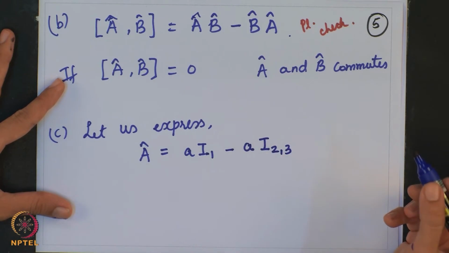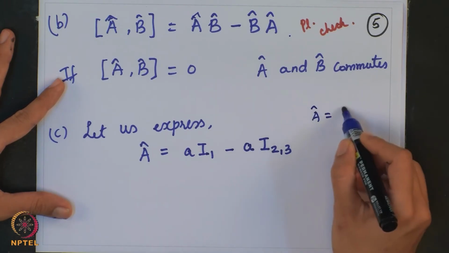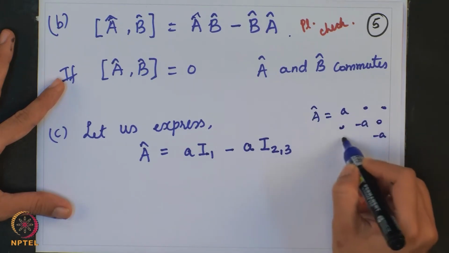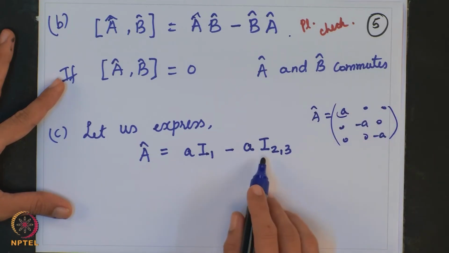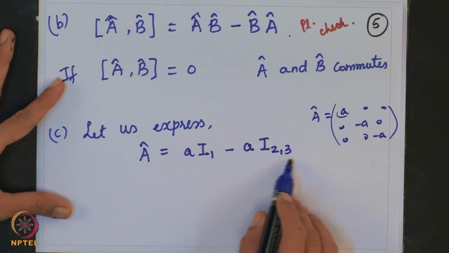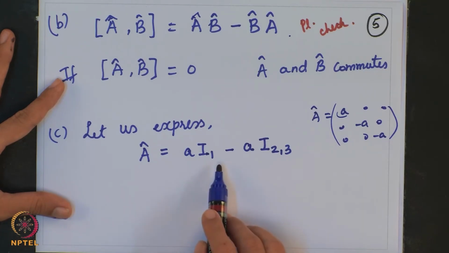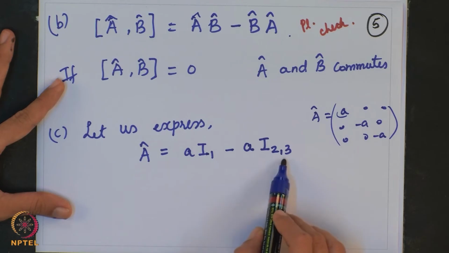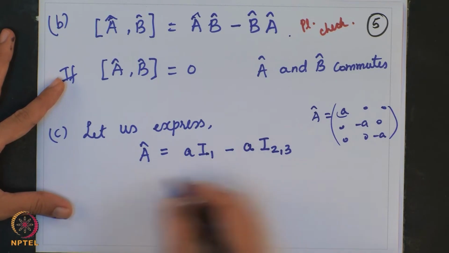Again this is an identity operator, because what was A? Recall A as a, minus a, minus a, and zeros elsewhere. So, this will give me a I1 minus a I2,3. So, this will give me a I1, the one dimensional identity operator, and minus a I2,3. Okay. So, this is what we have.